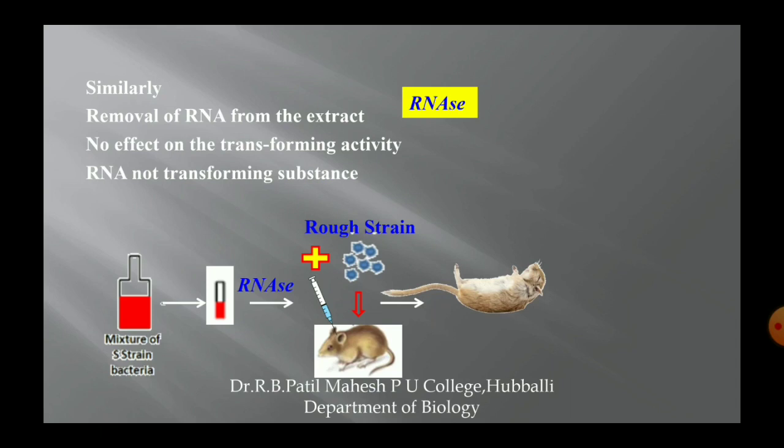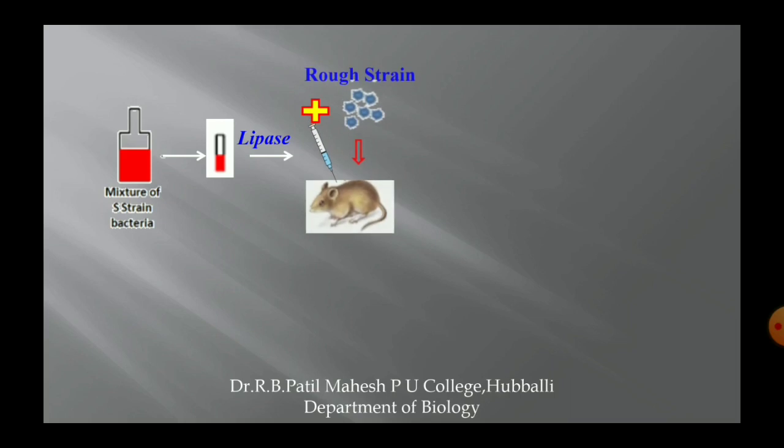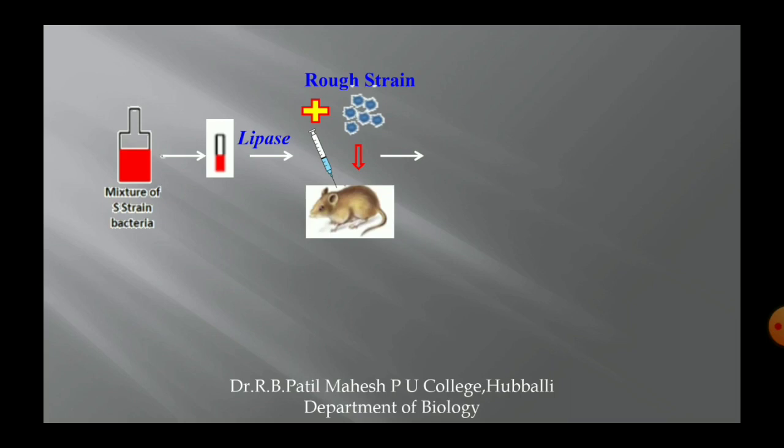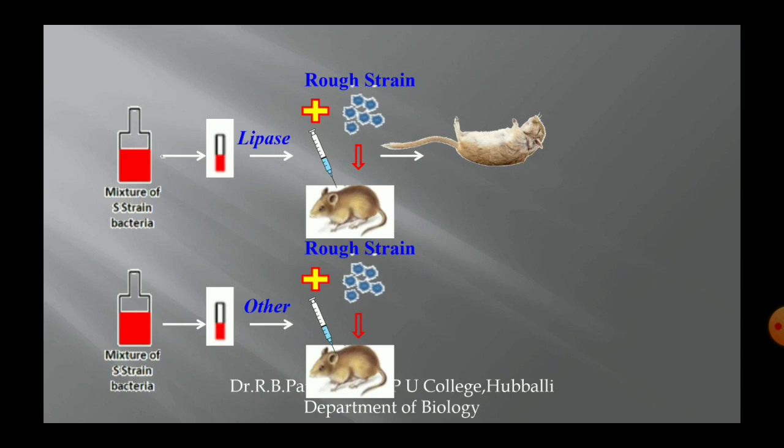So RNA is not the genetic material, or the transforming substance. Later, the extract was treated with lipase enzyme and injected into the mice, and the mice died because of pneumonia. Then the mixture was treated with some other enzymes, and again the mice died of pneumonia. In both cases, it does not affect the transformation.